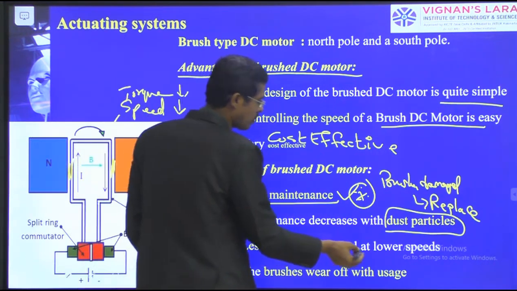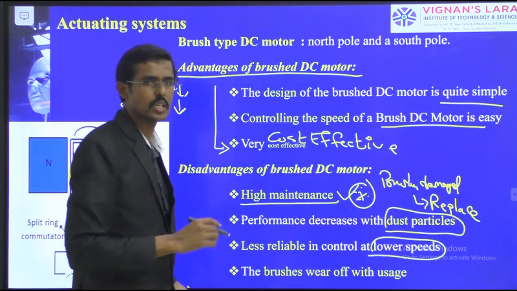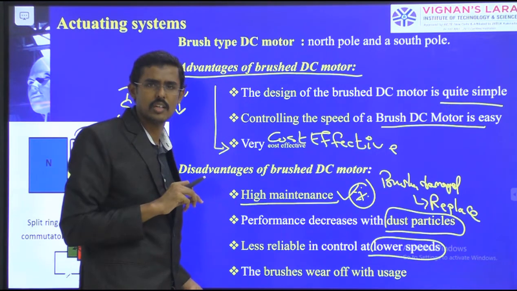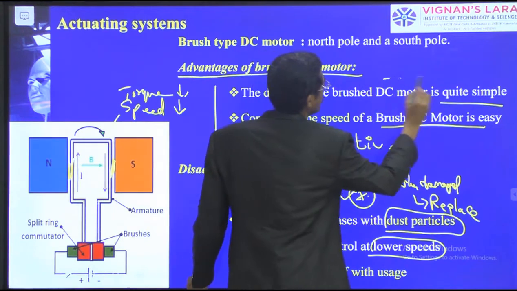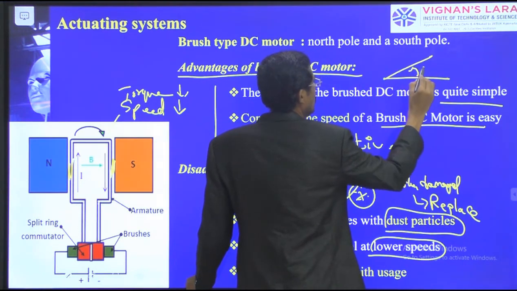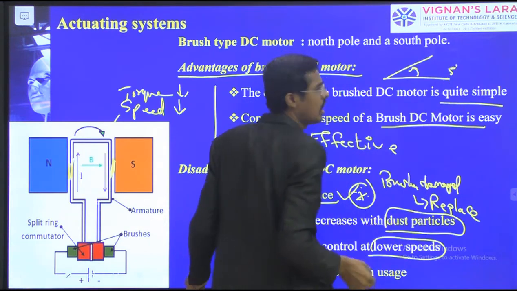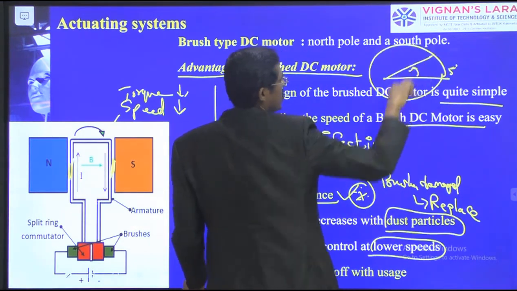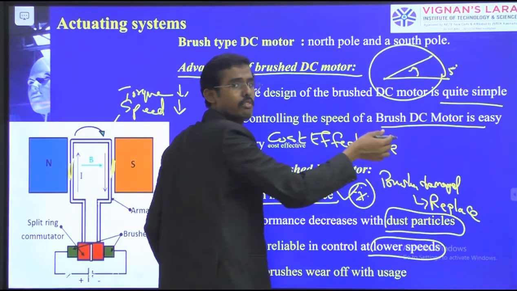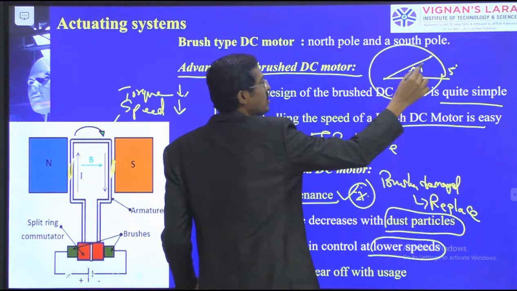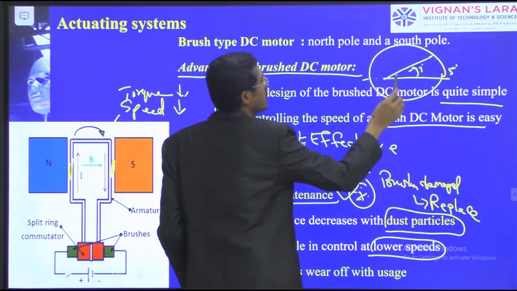Less reliable control at lower speeds. Whenever it is started, a minimum rotation of 2 degrees or 5 degrees is not possible. I have to move from here to these locations. Or maybe we can say 5 degrees. A movement of rotation to be completed is one revolution. On that, the minimum movement of a servo motor we can keep at 1 degree. But with these DC motors, the minimum rotation may be 180 degrees.